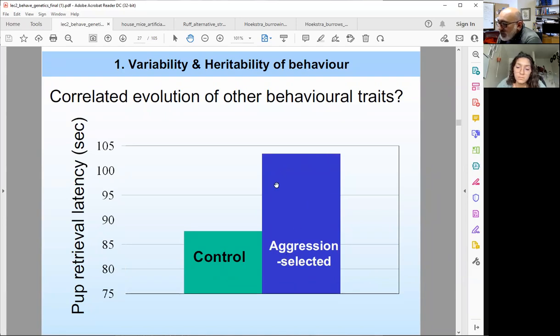That is, the sort of, we'll call them hyper aggressive moms tend to take longer to retrieve their pups if they are taken out of the nest compared to a control. So there's a trade-off there, right? There's a trade-off between maternal aggression and this aspect of pup retrieval. So moms that are hyper aggressive are good at defending their nest, but are not terribly good at retrieving their pups. They take longer to retrieve their pups.